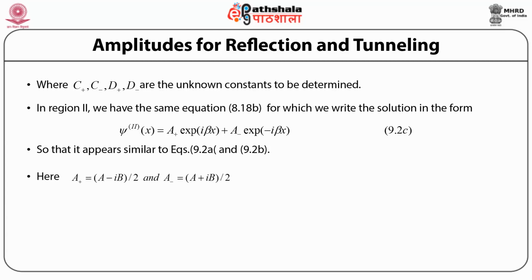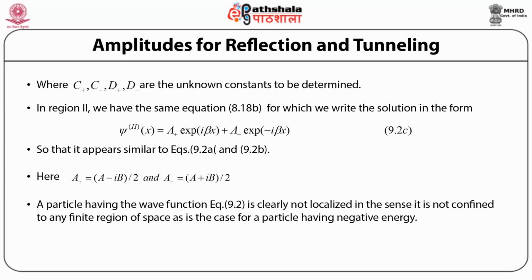Here, A plus is equal to A minus iota B by 2 and A minus is equal to A plus iota B by 2.